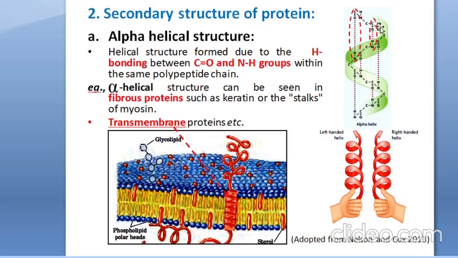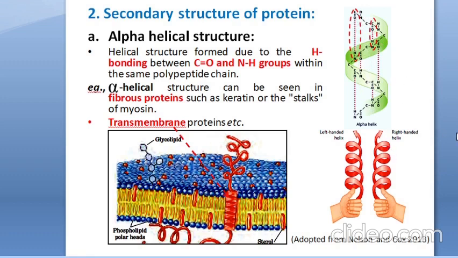Here on your right hand side, I'm showing you one helical structure of protein. This is the same linear structure, but it forms a helical structure due to the formation of hydrogen bonds between C double bond O and NH groups.